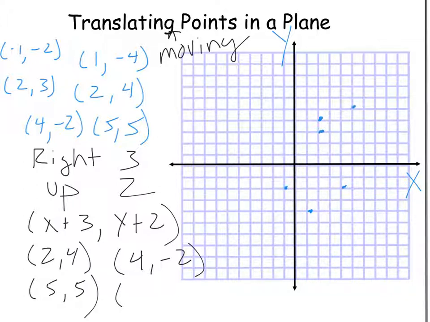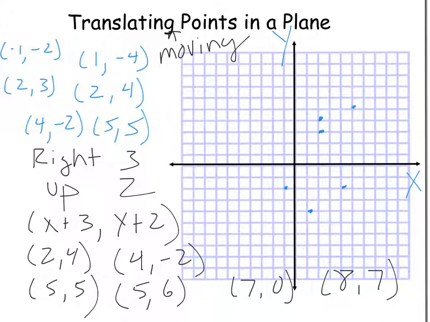The point 2, 4, that would become 5, 6. 4, negative 2, that would become the point 7, 0. And 5, 5, that would become the point 8, 7. Okay, and each one of those points have undergone that particular translation.